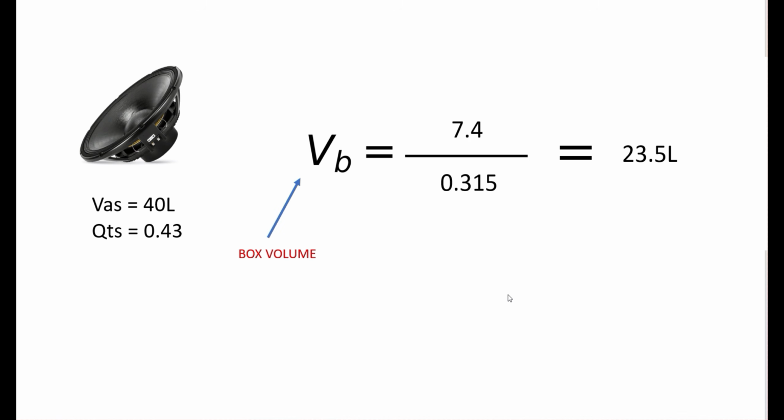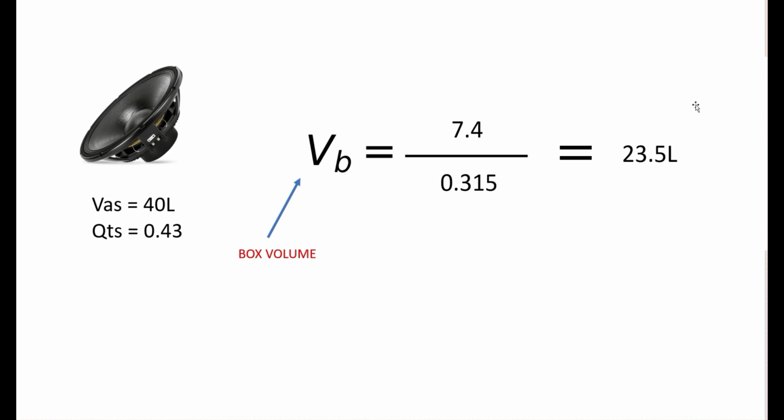Now, if you chose a lower QTC value to aim for, then this number might be higher. It might be 32, and if you chose a higher QTC number, it's a bit punchier with, I guess, a higher low end. This might be 21 litres or 19 litres or something.